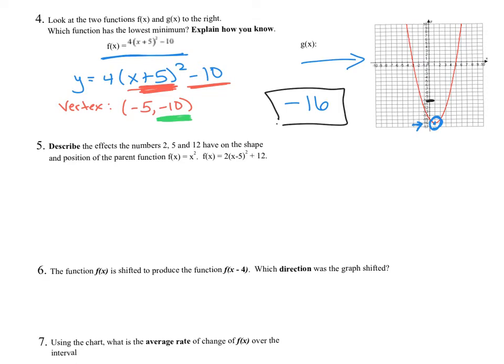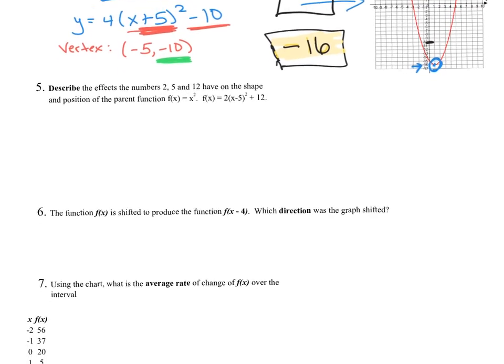So negative 16 would be the lowest minimum. Okay, so that would be our answer: g of x is the function that has the lowest minimum. Okay, so let's look at the next one.